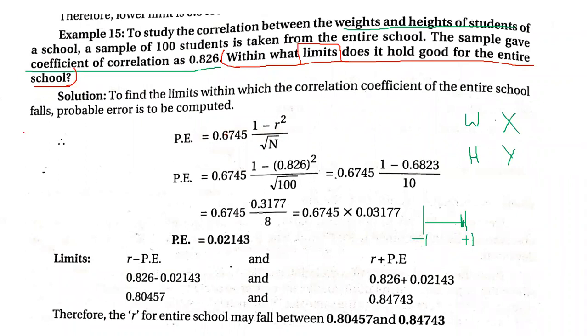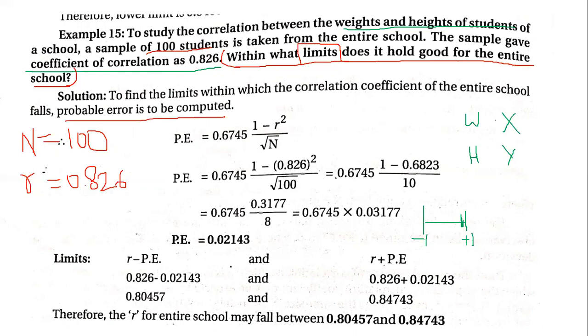We have the information of n is equal to 100, which is given here, a sample of 100 students. Then the correlation coefficient, that is nothing but r, is equal to 0.826. That is also given. Now let's put all these values into the formula. To find the limits within which the correlation coefficient of the entire school falls, probable error has to be computed.